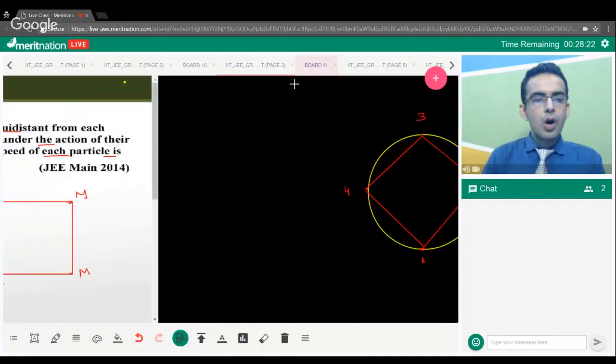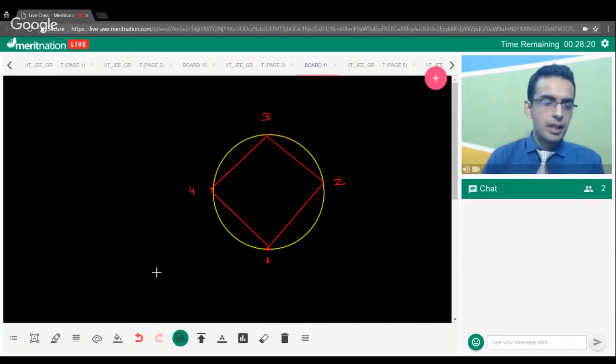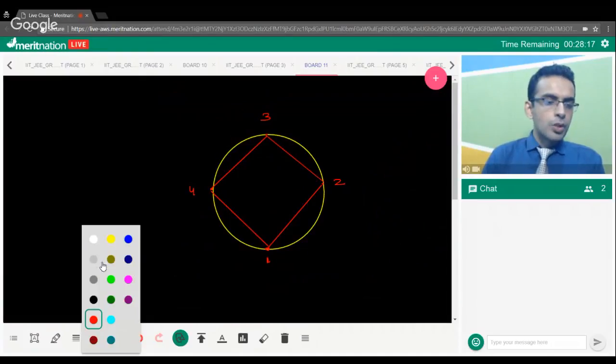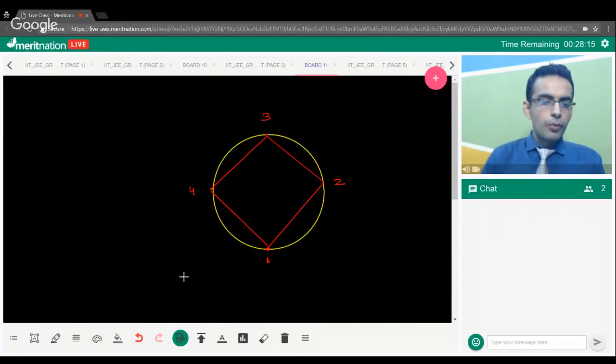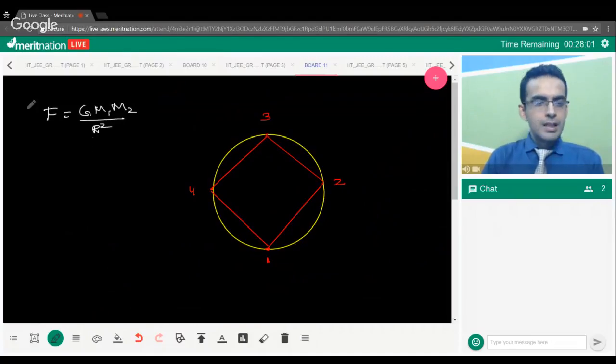So because of gravitational attraction, you have to understand this thing. Okay. So now, what is the formula for gravitational force? Simply, F between two particles is equal to G m1 m2 by the distance between them square. This is the formula for gravitational force, and the gravitational force is always attractive.